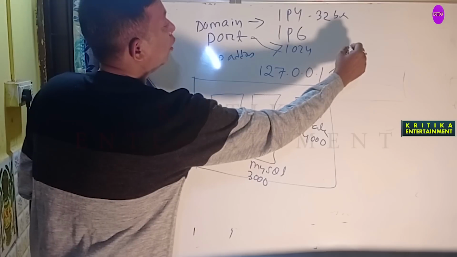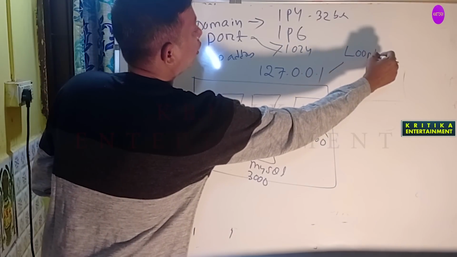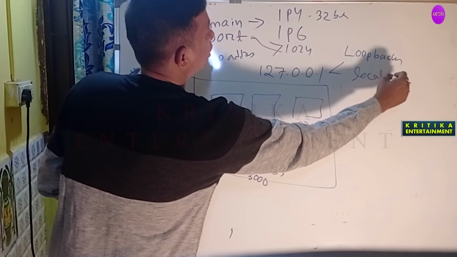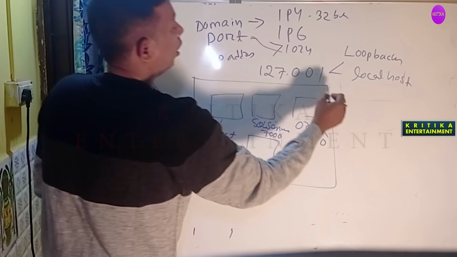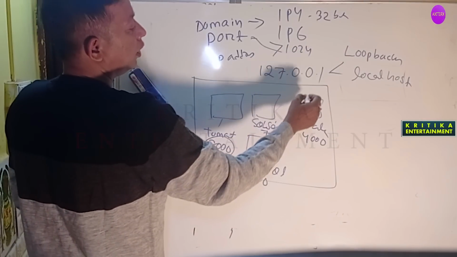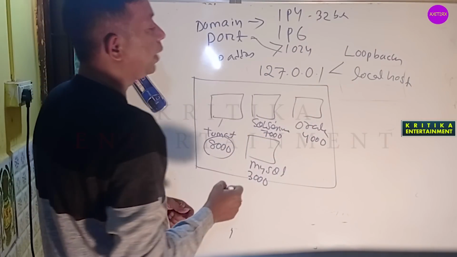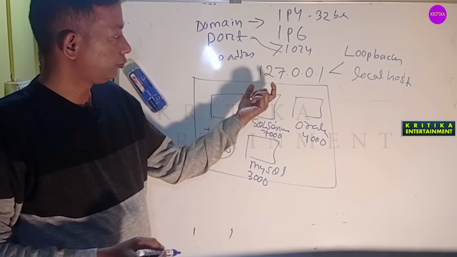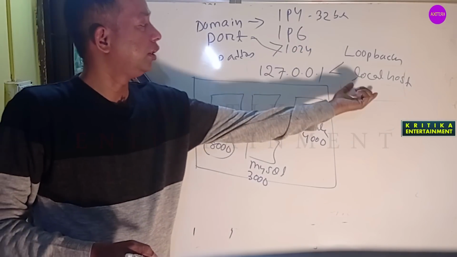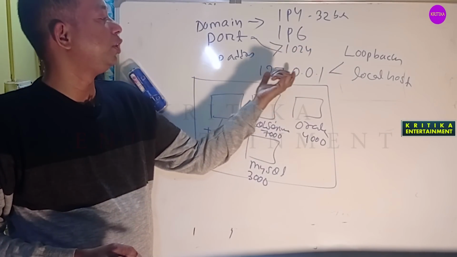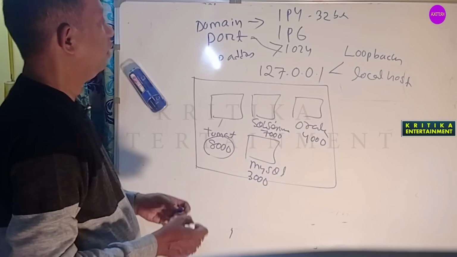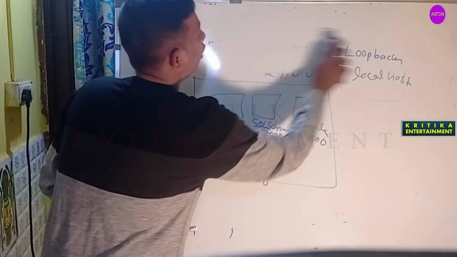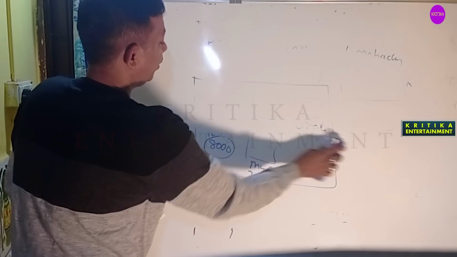This is called the loopback address, or localhost. So here you see what happens when I run the program.